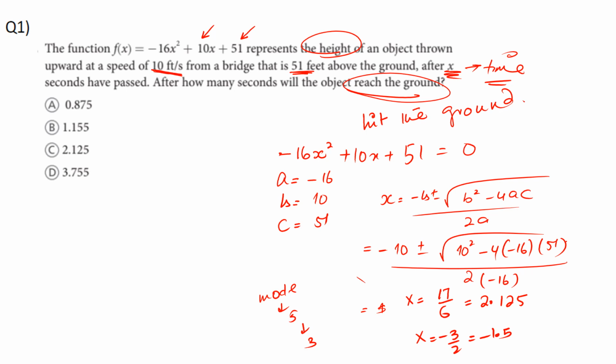It matches with your answer 2.125. Now the question arises, Miss, why won't we take minus 1.5? The reason is time cannot be negative. So although you have the two solutions, they are asking about the time, so time would not be taken as a negative answer.